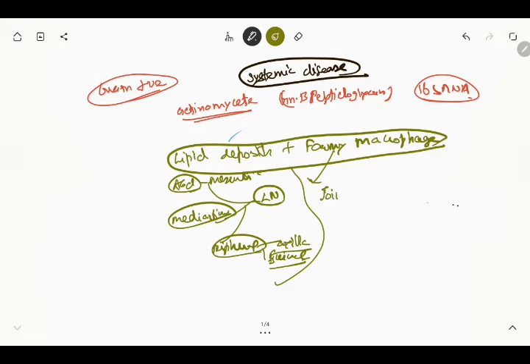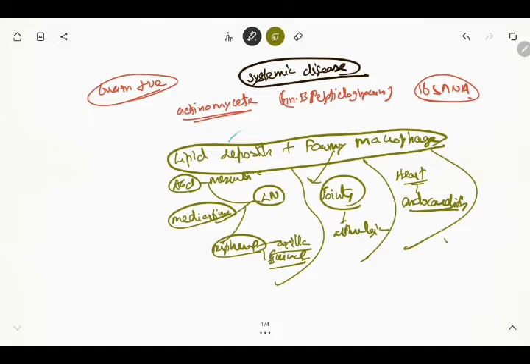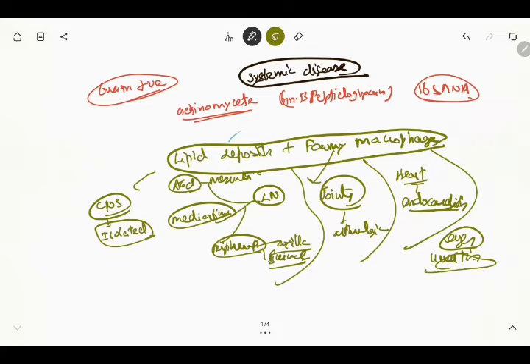It can be seen in joints, which leads to arthralgia, or in your heart, where it can lead to endocarditis. Valvular lesions can also occur, and in your eyes it can cause uveitis, and it can persist in your central nervous system. To be very specific, it can also occur as an isolated disease, although rare, affecting the central nervous system.